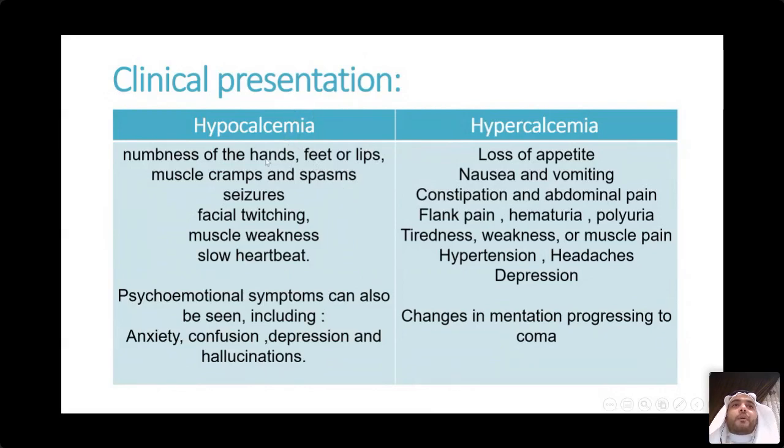Most of our patients present with either hypocalcemia or hypercalcemia. Hypocalcemia presents with numbness of the hand and feet, muscle cramps, spasm, seizure, facial twitching, muscle weakness, a slow heartbeat, or psychiatric symptoms like anxiety, depression, and hallucination.